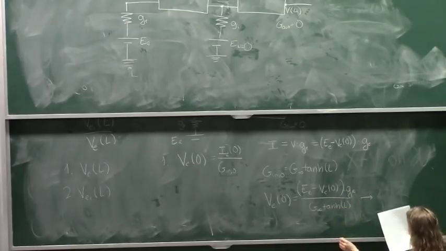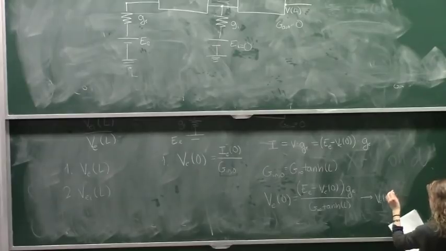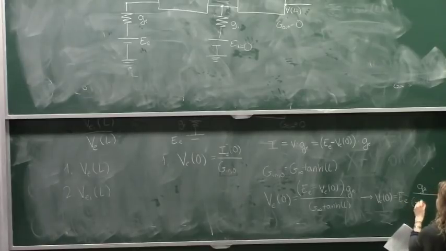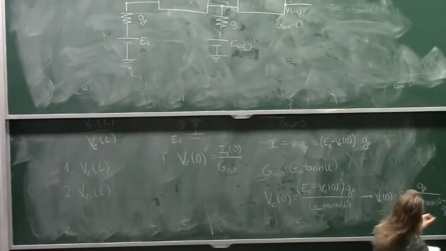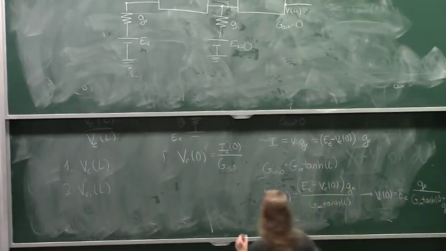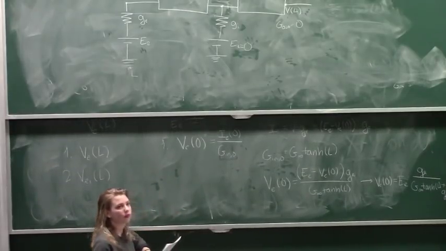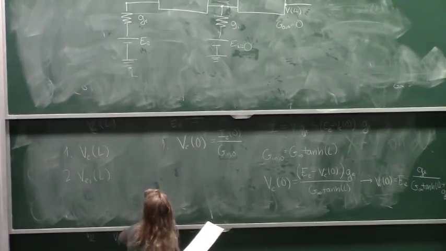That's just algebraic manipulation, and we get that VE of 0 is equal to EE times GE over G infinity tanh L plus GE. Okay, so now we have VE of 0.